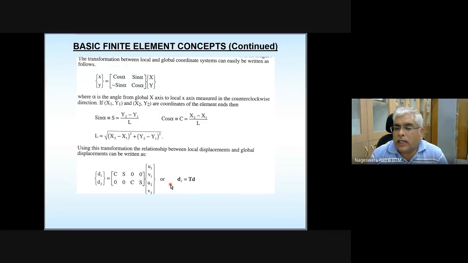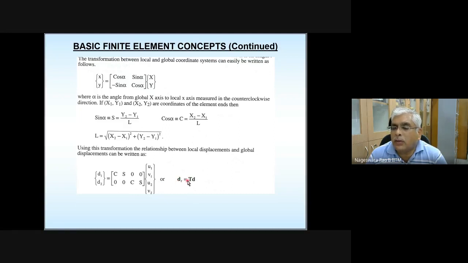So what is the inverse relation? If I know the local displacement vector, how do I get the global displacement vector? I need to just transpose. T transpose DL is equal to D. Is it clear? T transpose is same as T inverse.